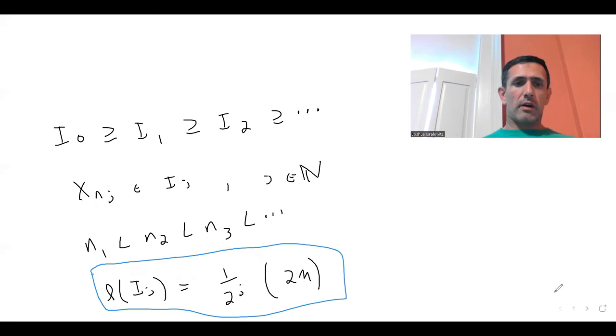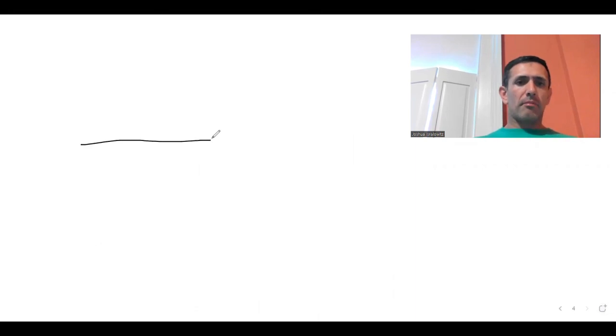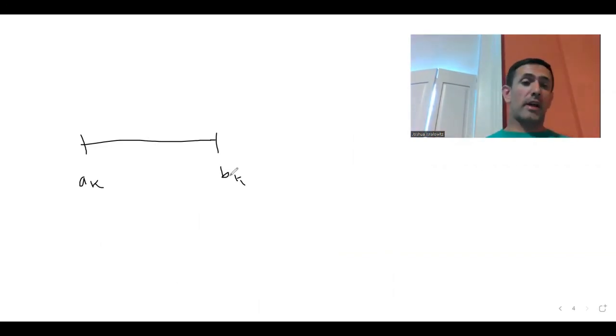Remember, that's the way we're constructing these intervals, x_{n_j} in I_j for each j. I guess really you should do different cases to compare this with absolute values, but I'll just draw the picture and you can fill in the details if you so desire. So we have a_k, b_k. We don't know if x is bigger than x_{n_k}, or smaller, or equal. Whatever, they're both in this interval.